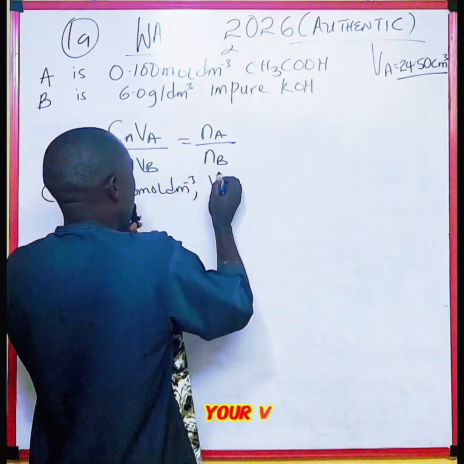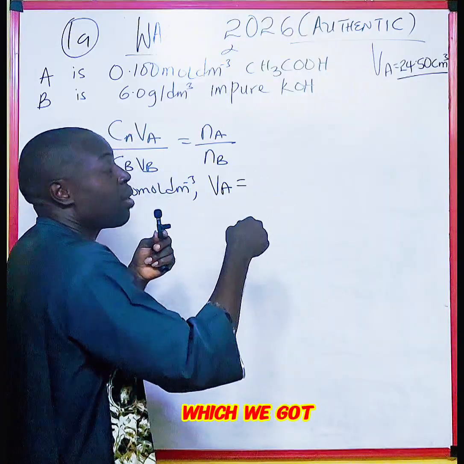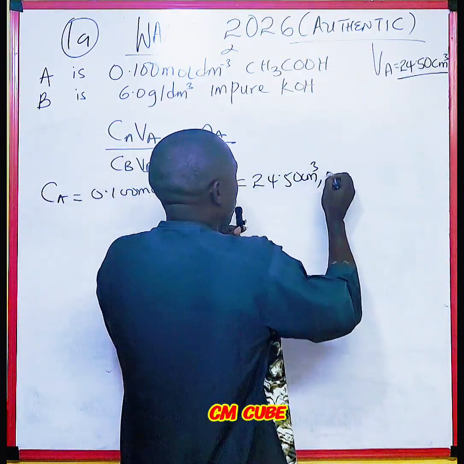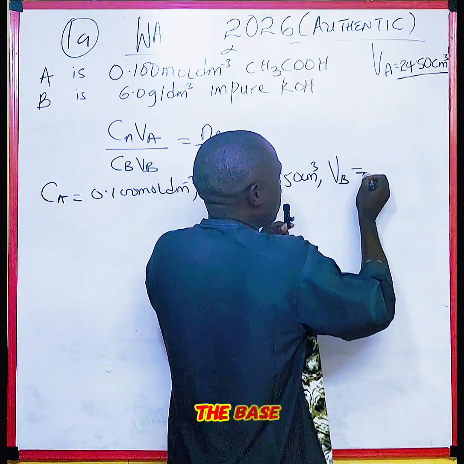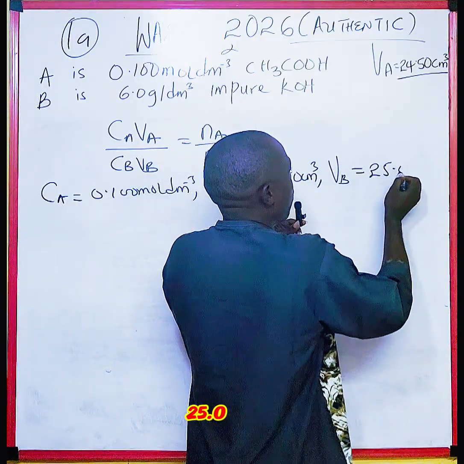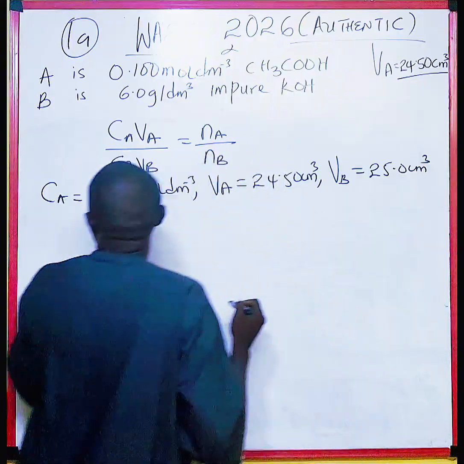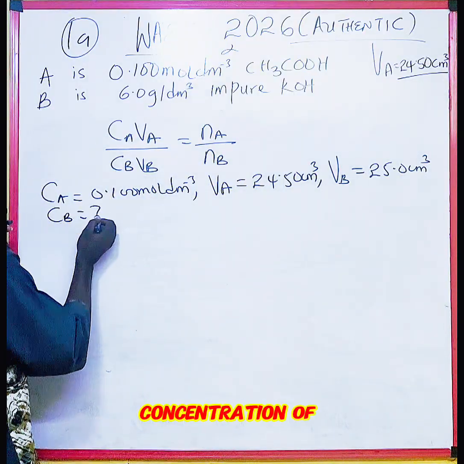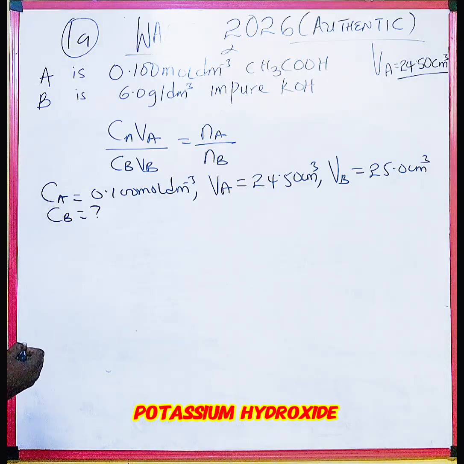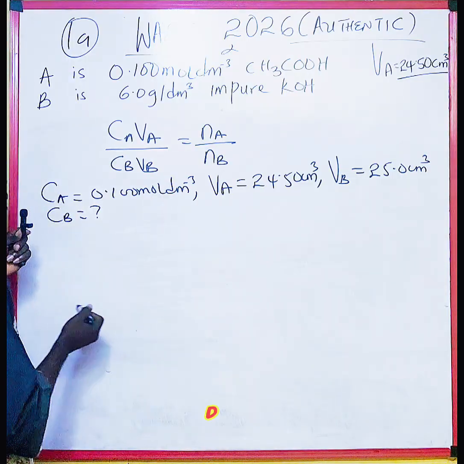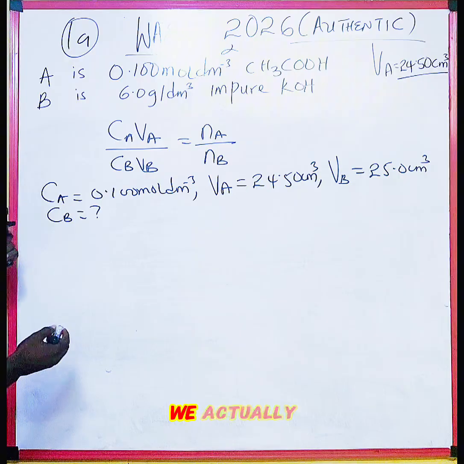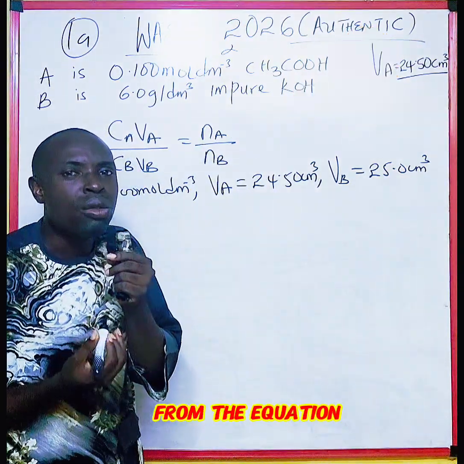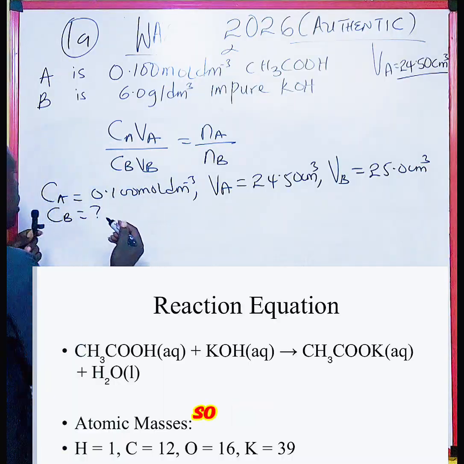You were given your VA, which we got as our endpoint, to be 24.50 cm cube. The volume of the base is 25.0 cm cube, and we are looking for the concentration of the potassium hydroxide in mole per dm cube.